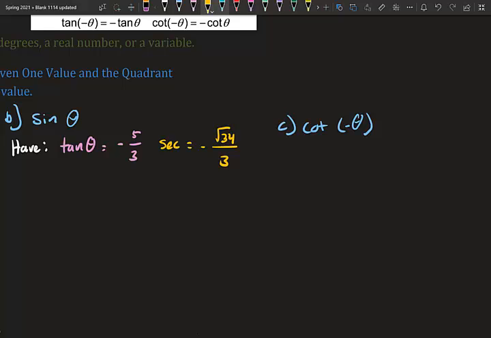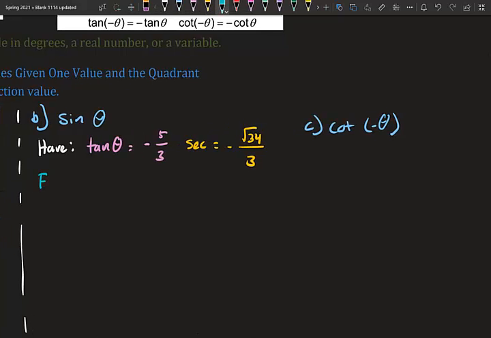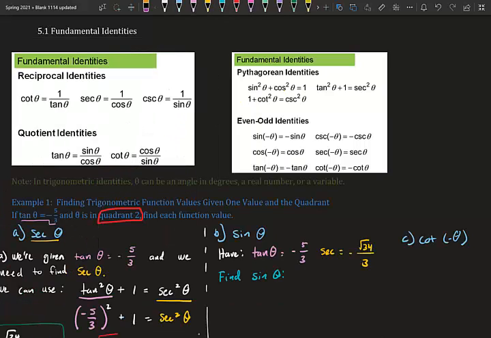We need to find sine theta, and we have tangent and secant. So keep in mind what else we have. If we have tangent and secant, we also have the reciprocals of those. Alright, let's take a look at our identities to figure out which one we could use.